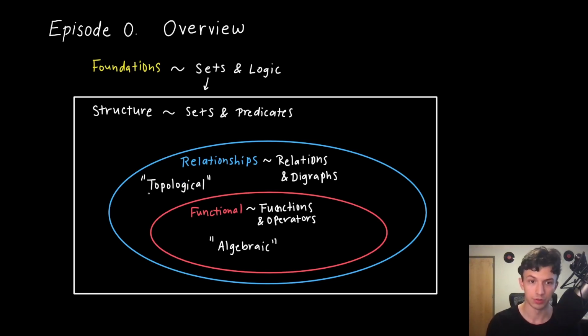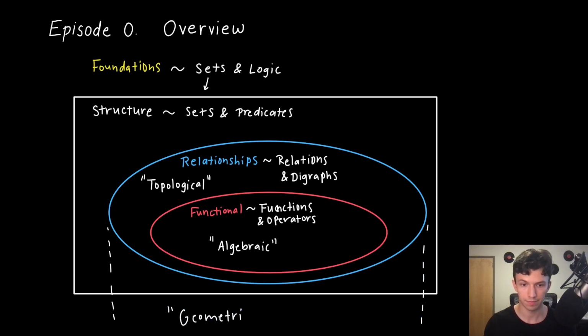And then what we'll do is we'll combine these two, algebraic and topological structure, into a hybrid structure called geometric structure. Geometric. Okay. Now, geometric structure is things like measures. Okay.